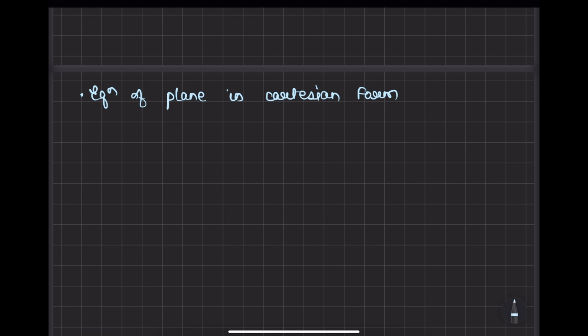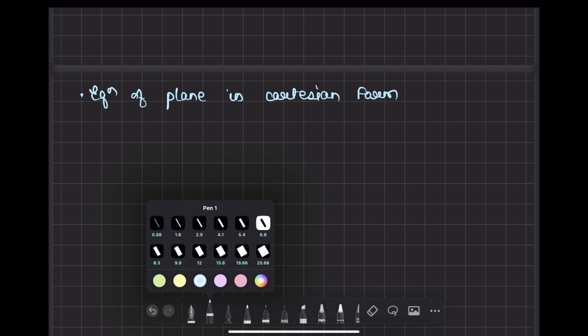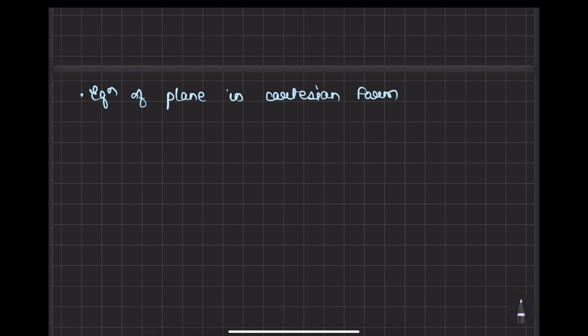Okay, now you know that we need a point and we need a vector perpendicular to the plane. So suppose that the perpendicular vector is a1i plus a2j plus a3k. This is your normal vector.